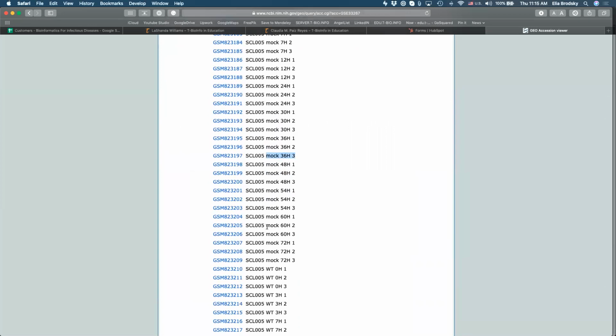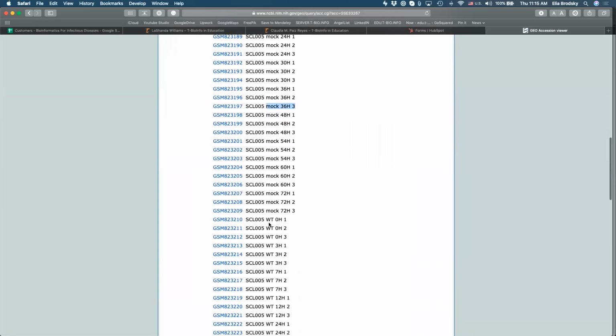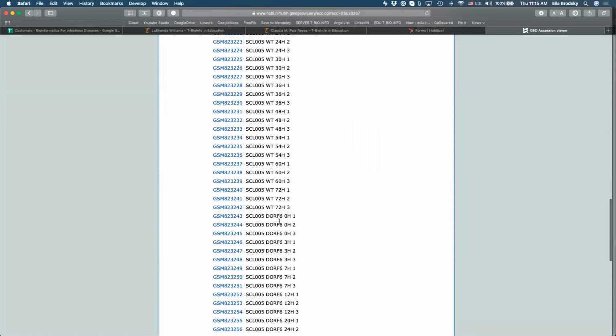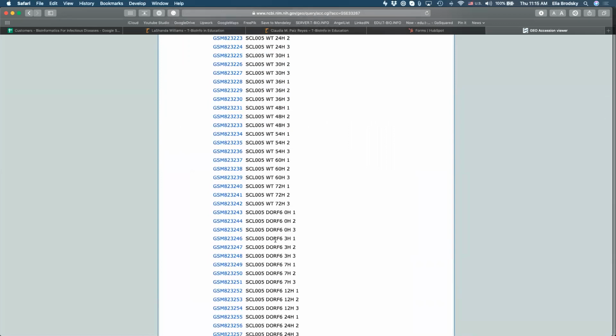They did three groups, basically: mock, wild type, and Delta ORF6. By looking at the time course of how this infection progresses, we can look at gene expression of those cells and compare those different gene expression patterns to understand differences.